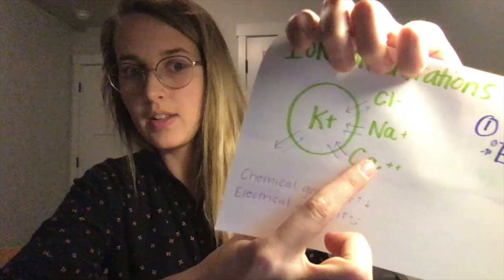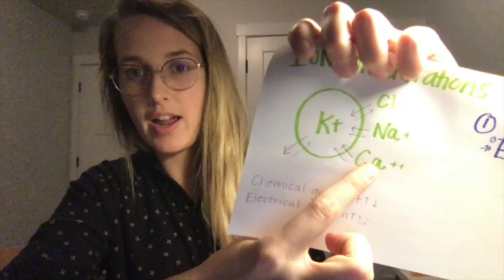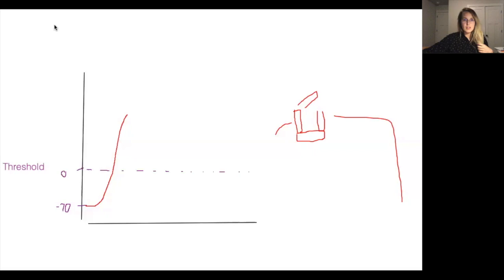Okay, the first part of action potential is a stimulus. So if we are touched on our skin, that increases our cell membrane's permeability to calcium, which is a positive ion, like we talked about earlier. And if we have a positive ion rush into the cell, that will give us a positive response right here.